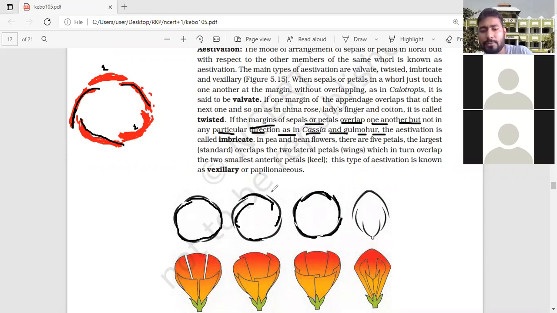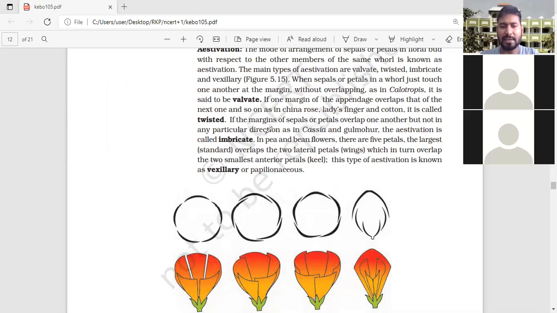But in the case of imbricate, one will be inside, one will be outside, and they never form a particular direction. In this way it has been given. If you read this concept, it says if the margins of sepals or petals overlap one another but not in any particular direction, the example is cassia and gulmohar.